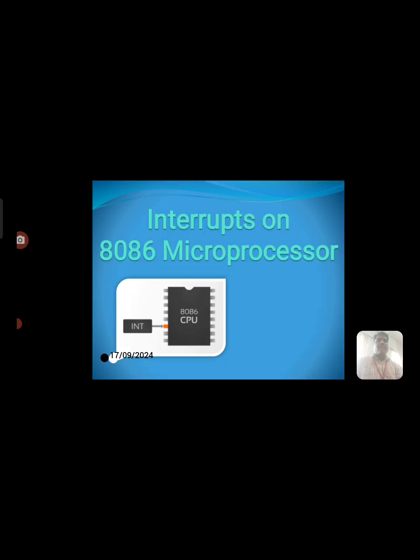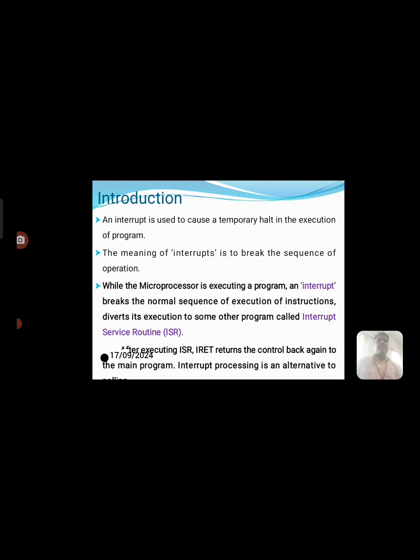In 8086, whenever an interrupt is received, it stops the current running program and gives the most important task to the interrupt. An interrupt is used to cause a temporary halt in the execution of a program. The meaning of interrupt is to break the sequence of operation. While the microprocessor is executing a program, an interrupt breaks the normal sequence of execution of instructions and diverts its execution to some other program called the interrupt service routine.